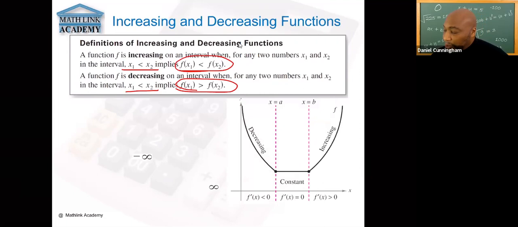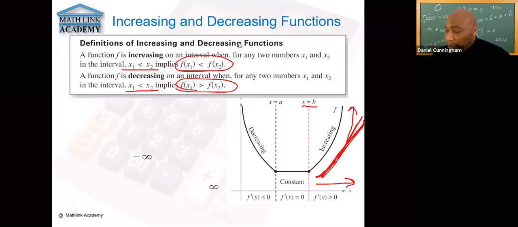Let's start with increasing. It's increasing in this particular interval where x is equal to b, going to infinity. If it's going in an upward direction, the y values are going upward as x is increasing, then the function is increasing.